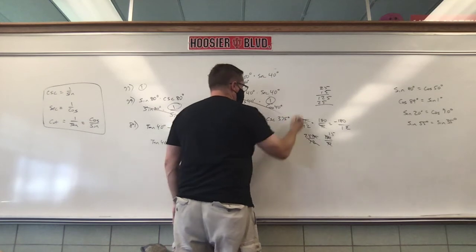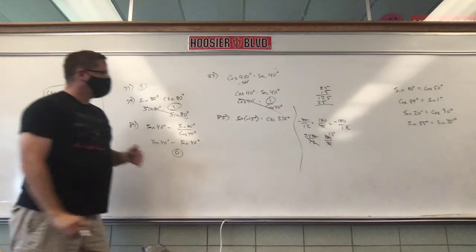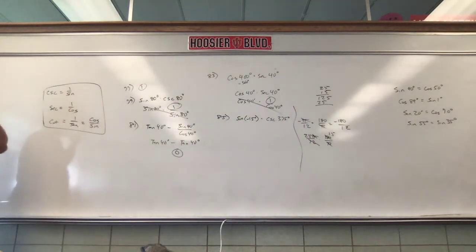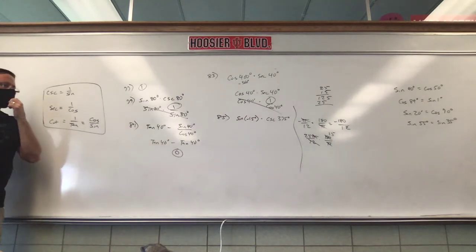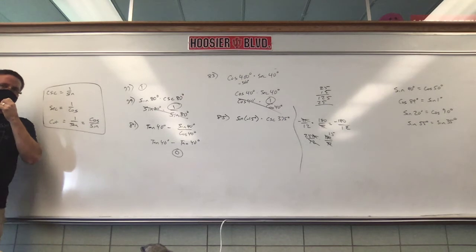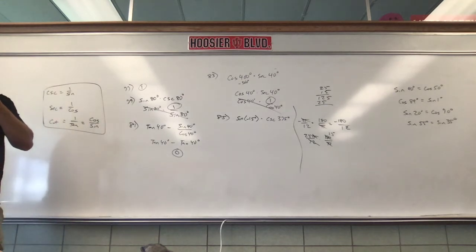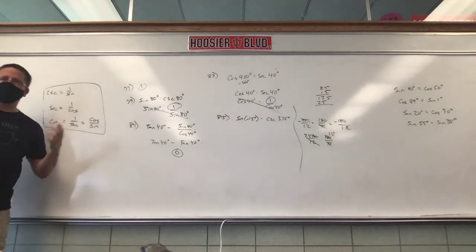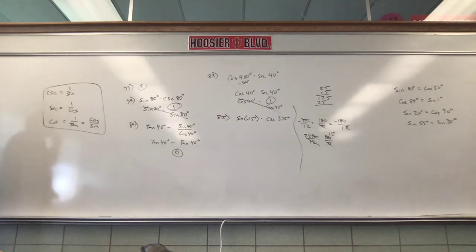You guys have the opportunity to really impress me here in a minute. So we have the sine of negative 15 times the cosecant of 375. I'd like the angles to be the same, and they're not. So what could I do? I'd like to make the angles smaller. I don't really want to make it bigger. So what can I do with that 375?